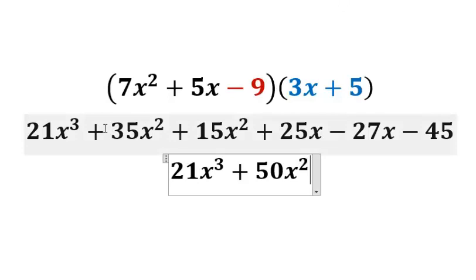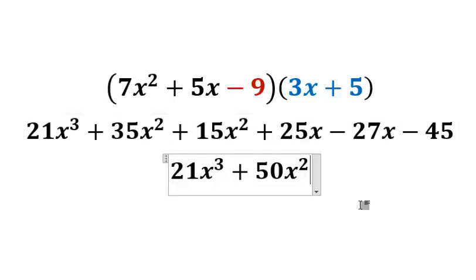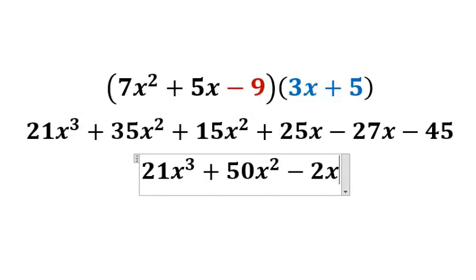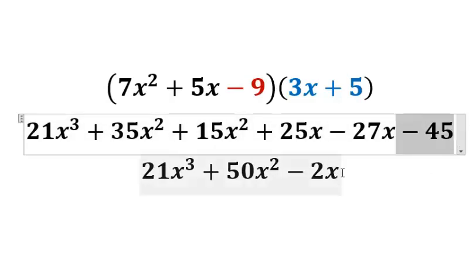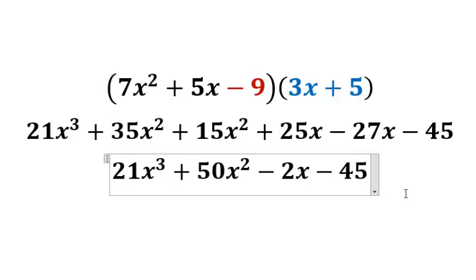Now I'm going with the other two because they're also the same type. This one is x and this one is also x, so I have positive 25 minus 27. That will give me negative 2x because I copied the letter. Minus 45 is alone, so I'm just going to copy it. And that will be the answer for this problem.